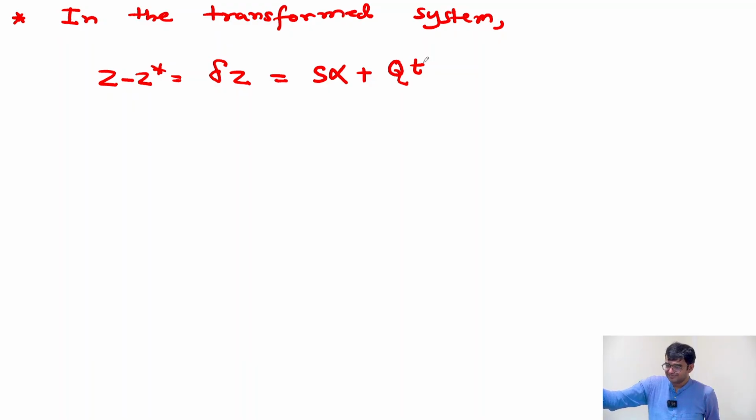If it is a k dimensional vector or n dimensional vector, it will be A1 I1 cap plus A2 I2 cap plus A3 I3 cap plus A4 I4 cap. If I go beyond 3D, it will be like that. That same thing I am doing here. So S is the magnitude in the direction of the normal multiplied by the unit normal in that direction. And then Q times T is there. So Q is having all those direction vectors for the k minus 1 terms, and T is having those k minus 1 magnitudes.